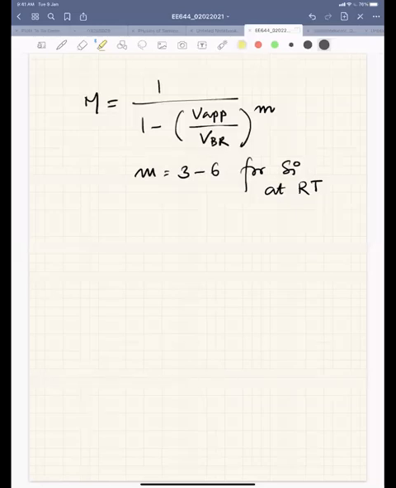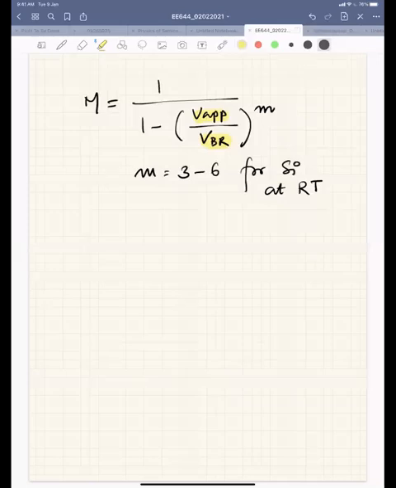When your applied voltage equals VBR, M becomes infinite. Before that you have a finite slope, and M is increasing. When the applied voltage is very low, M equals 1. If you go on increasing the applied voltage, because your VBR is constant, M will increase, and at some point it will become infinite. And your current coming out is M times I0.